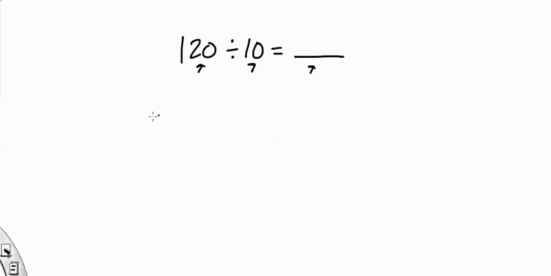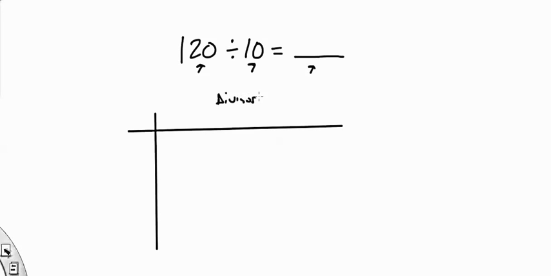The first thing that we do is we set up a little base 10 chart right here, just like this. Now right here we're going to put our divisor just like we did with our apples. Okay? And we're going to use base 10 blocks.